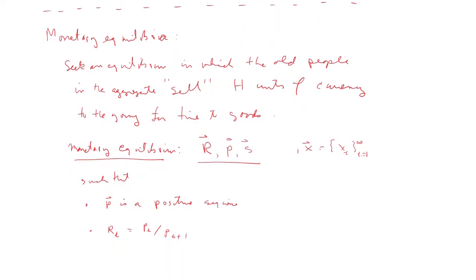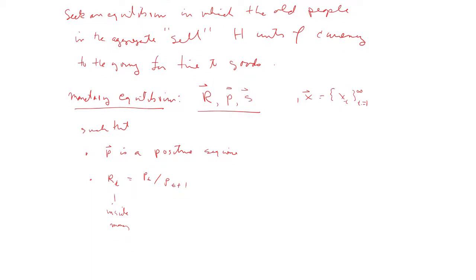So this is the rate of return on inside money, or private loans. Inside money is just private loans. It's an old language used by some very famous monetary economists in the 20th century. And this is the rate of return on H, which is our outside money.